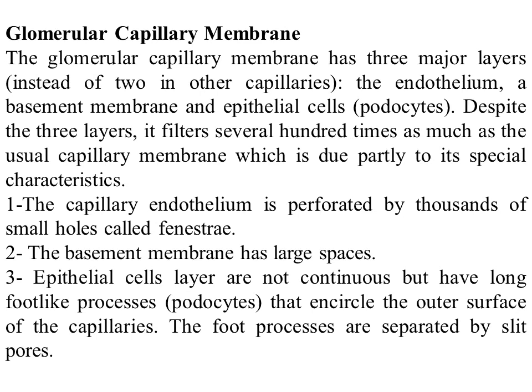Secondly, the basement membrane also has large spaces that allow for filtration. Thirdly, the epithelial cell layer is not continuous but has long foot-like processes called podocytes that encircle the outer surface of the capillary. These foot processes are separated by slit pores.